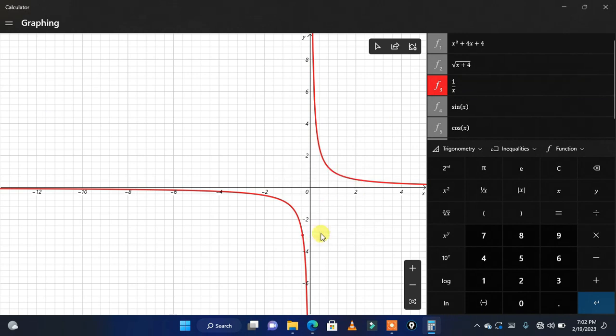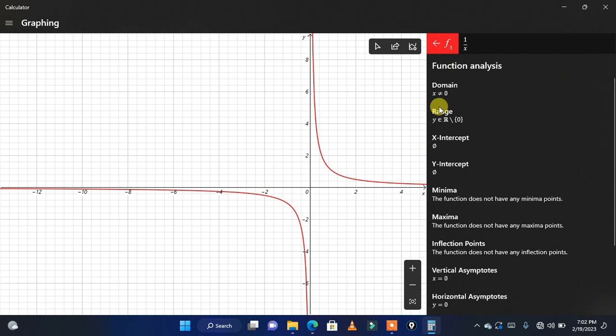On account of this, in analyzing it, you have x not equal to 0 for the domain. On the other hand, the range should be the set of all real numbers. Notice that the curve gets as close as possible to the individual axes, x and y, but doesn't touch them. In view of that, there is no defined minimum or maximum point, right?